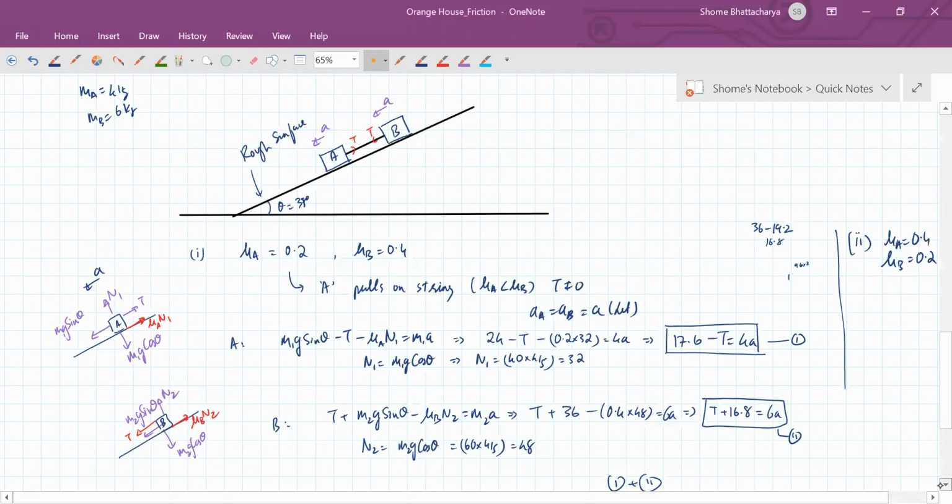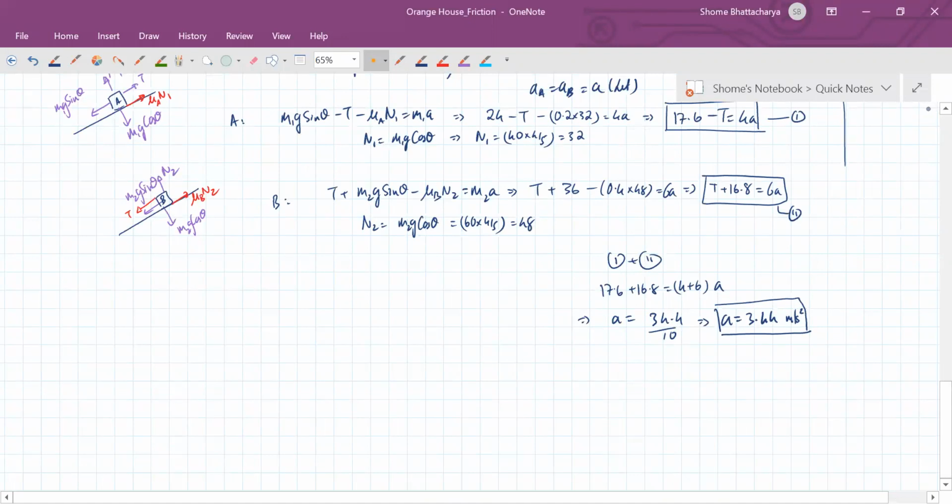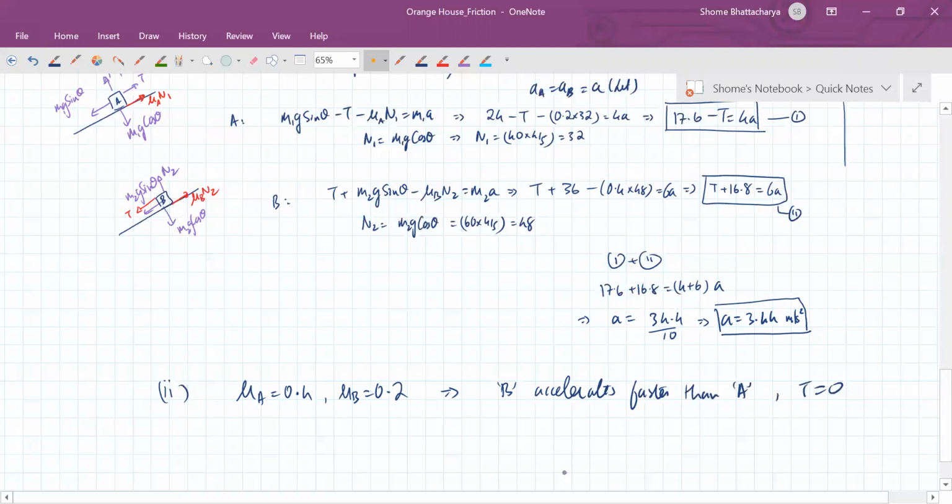Okay, so this is part 1. Now part 2 is much simpler, because in part 2 you can see that mu A being 0.4 and mu B being 0.2, so B accelerates faster than A. So the tension in the string becomes 0.